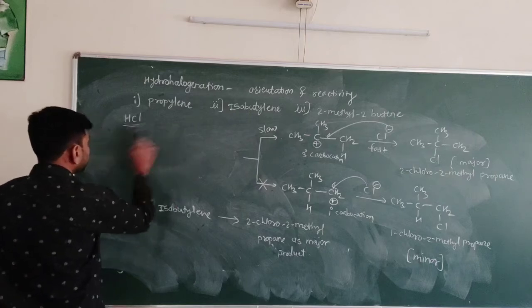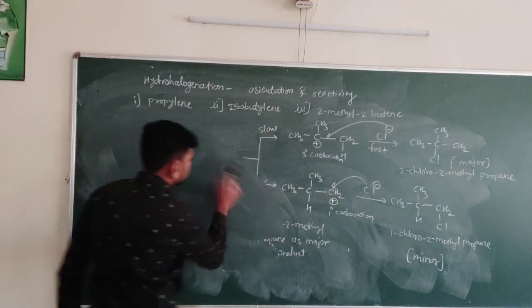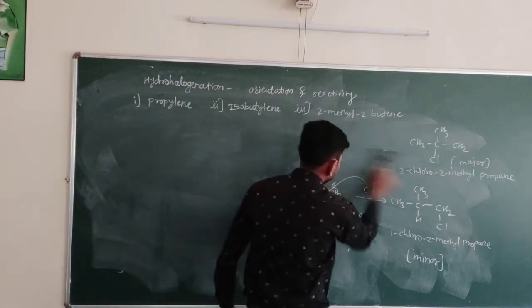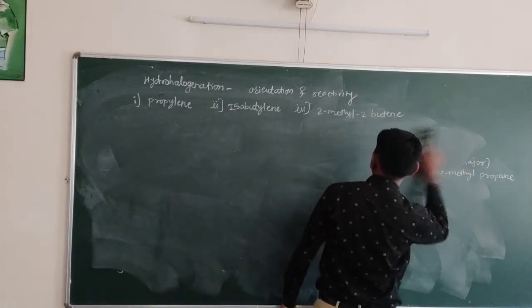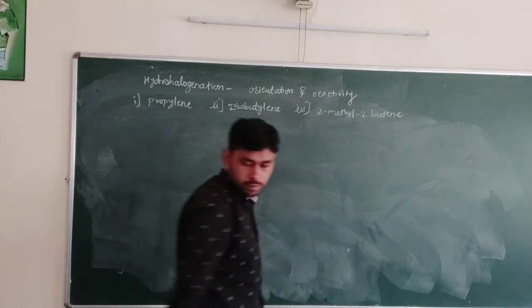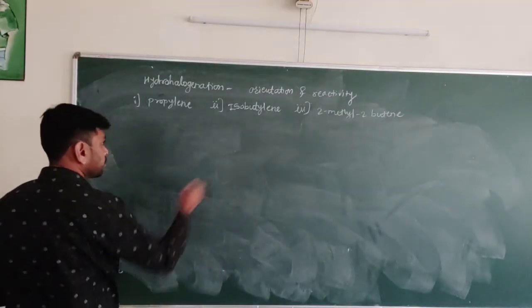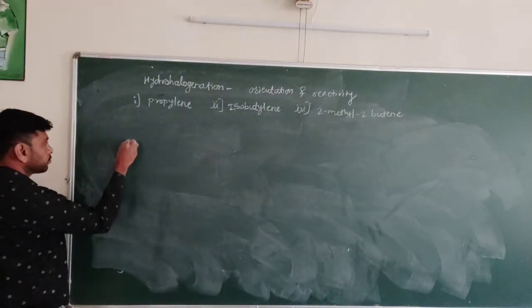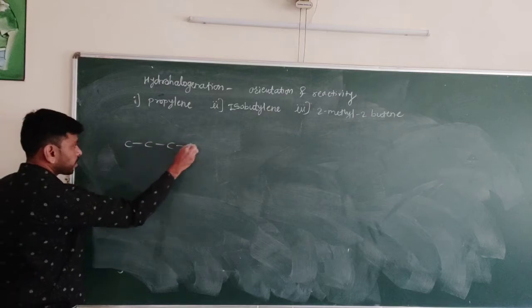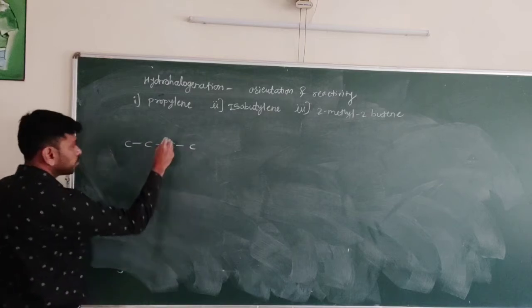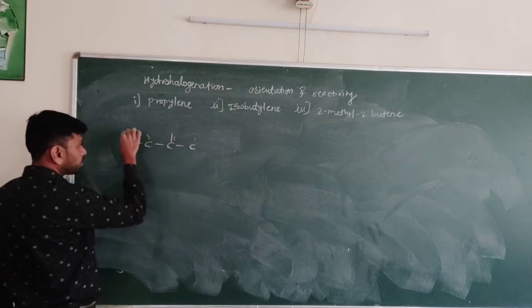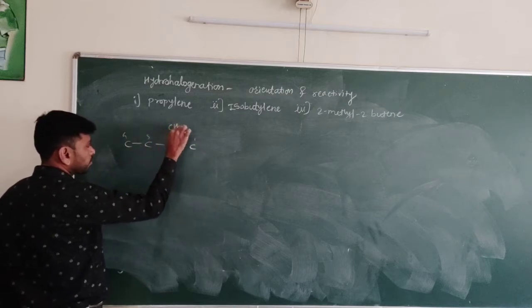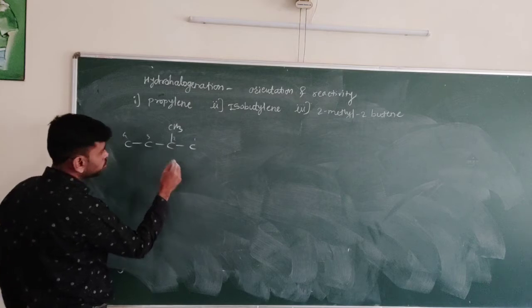As in the previous example we saw, the secondary carbocation is more stable than the primary carbocation. So see another, third example: 2-methyl 2-butene. First, butene is a four-carbon chain. 2-methyl. Start numbering from here: 1, 2, 3, 4. 2-methyl 2-butene.